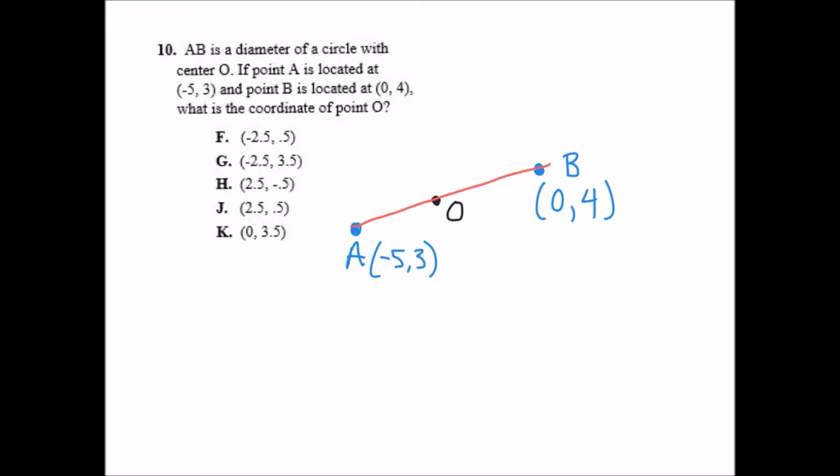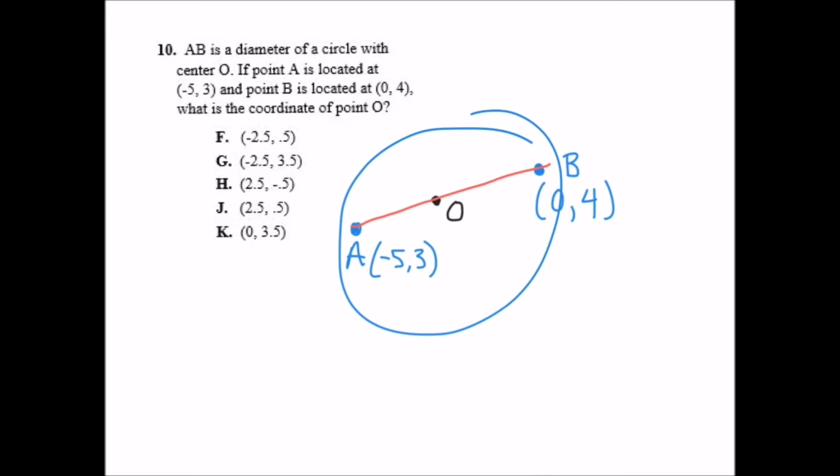Think about this circle kind of going around like this. What you're trying to do is find the coordinate of point O. Well, and really in this case, point O is the midpoint between A and B along this diameter. It's halfway through the circle.